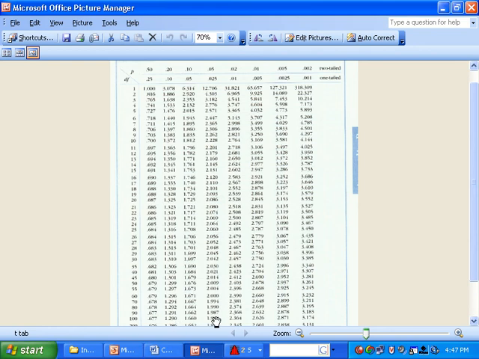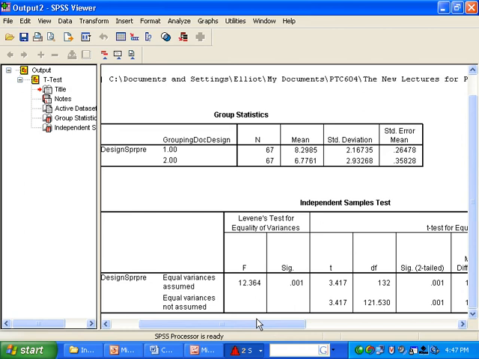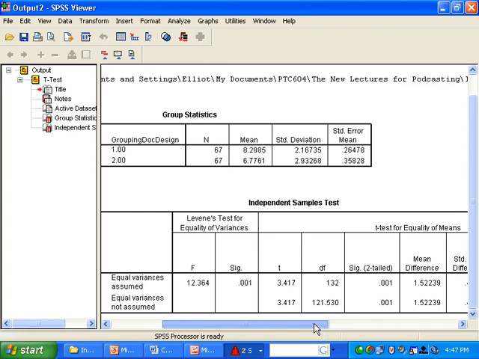Again, if we look at our 132 degrees of freedom at the 0.05 interval, we find that it was, as we saw before, 1.984, because the same number of students are in both parts of the study, and we find that we have met or exceeded that value set by the t-test, and so we do have a significant difference in these two scores.